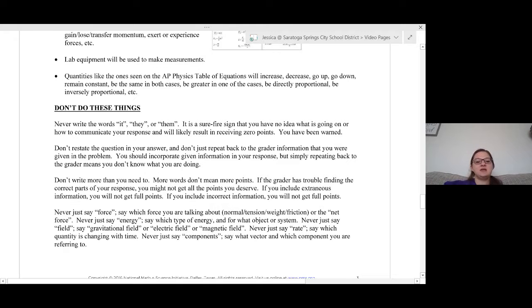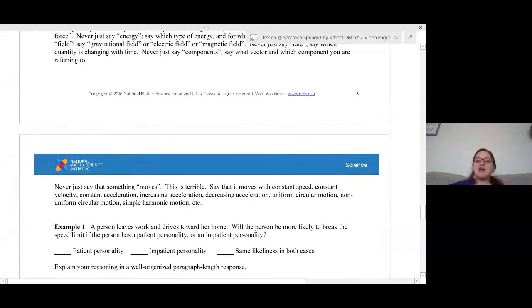Okay? And the last thing, never, ever say that something moves. That doesn't tell us a lot. Okay? It's a terrible thing to say. And I know that I say that sometimes in class. What you should say is that something moves with a constant speed, or a constant velocity, or a constant acceleration, or it moves with increasing acceleration, decreasing acceleration.